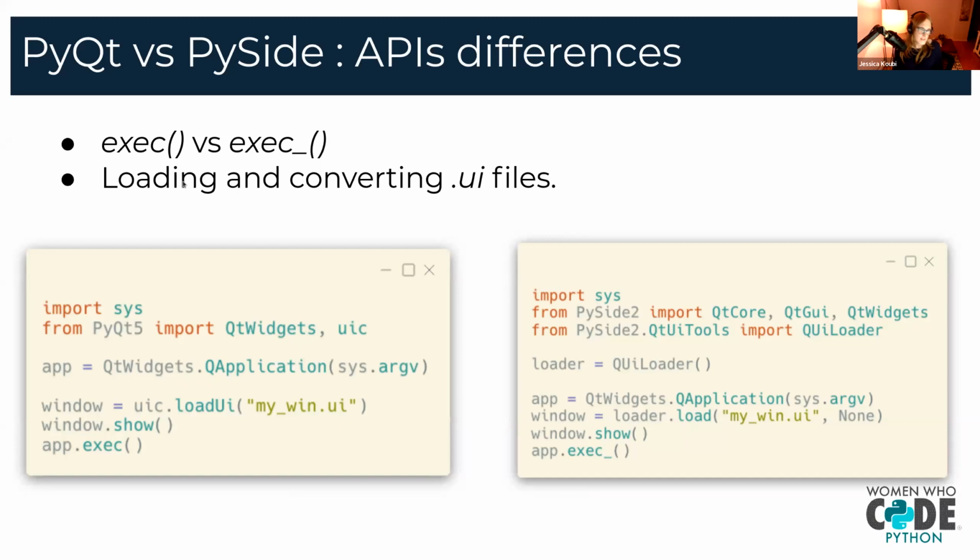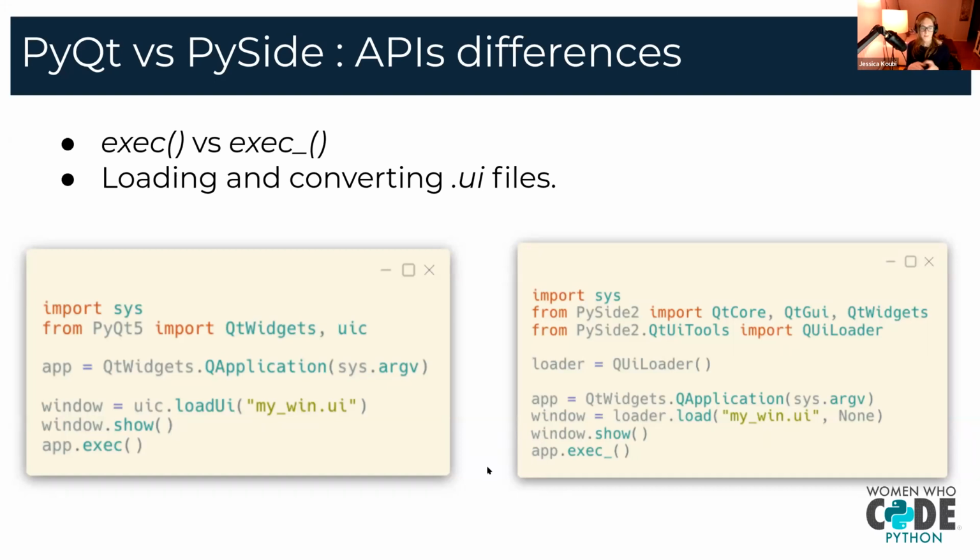Another difference is the exec or exec underscore method. You can see it here in the example below, when we want to execute our application. So why is it different? It all comes down to Python 2 and Python 3.